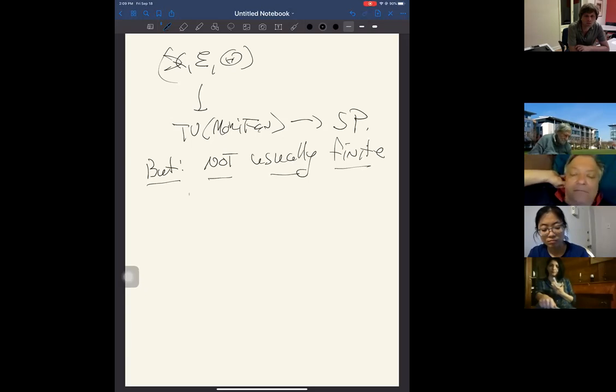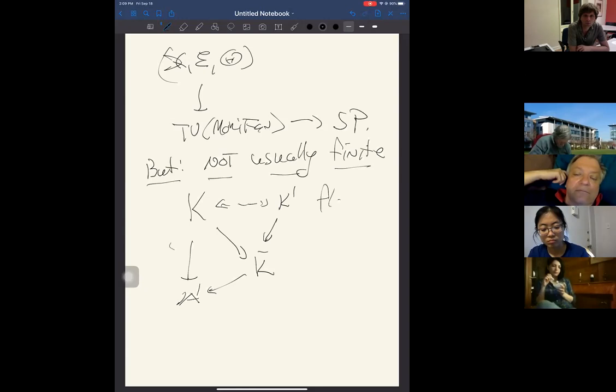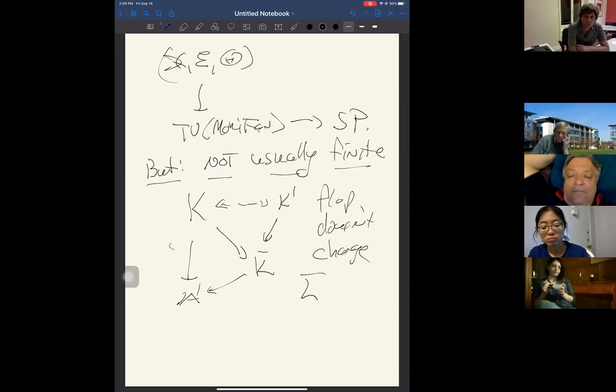What can happen is, when we have a flop, here we have K over K bar, here we have this K prime over K bar, and this has this map to A1. There are flops which don't change the dual complex. If I have a flop which doesn't change the dual complex of the boundary, doesn't change sort of sigma of D, then those will lead to some positive dimensional fibers.